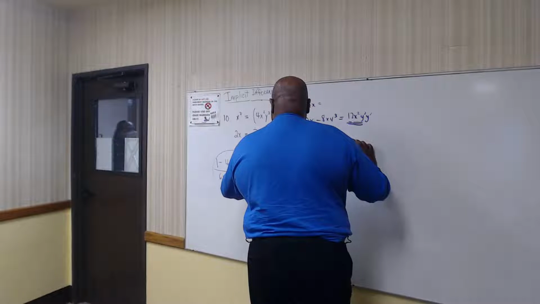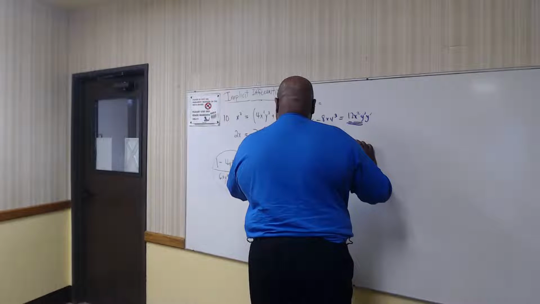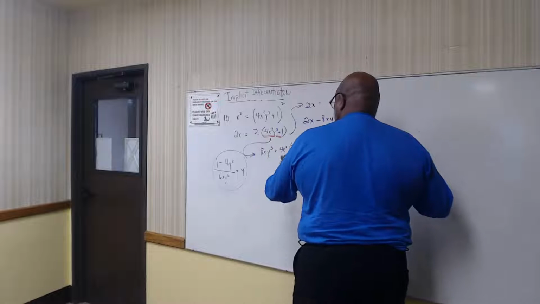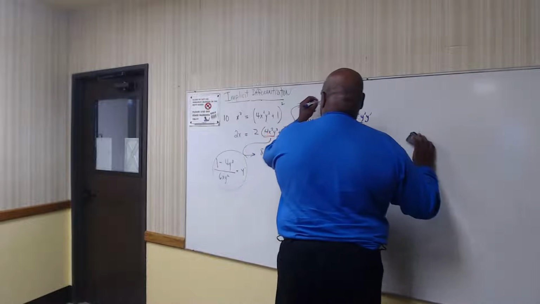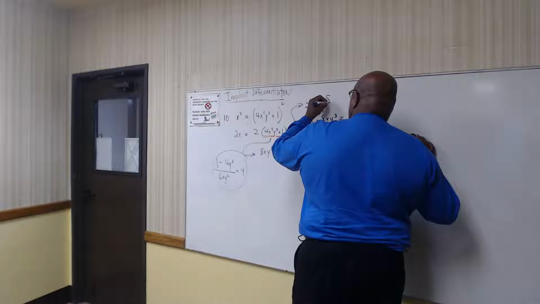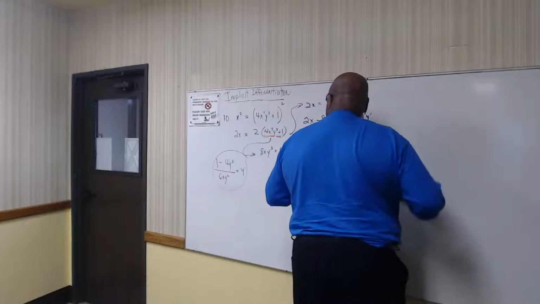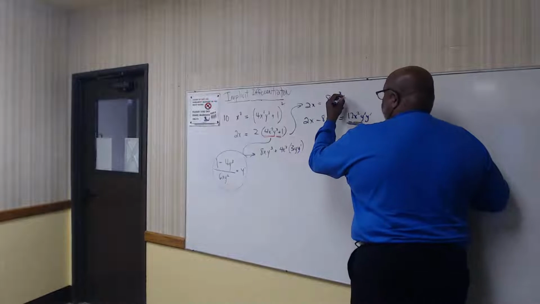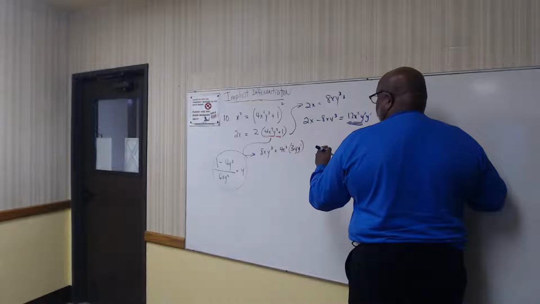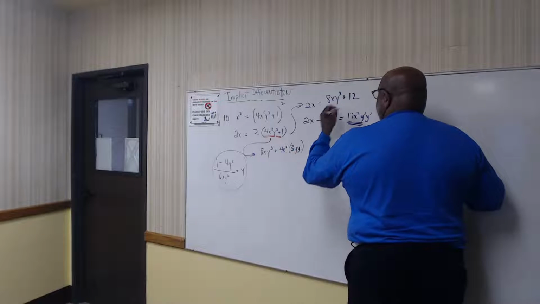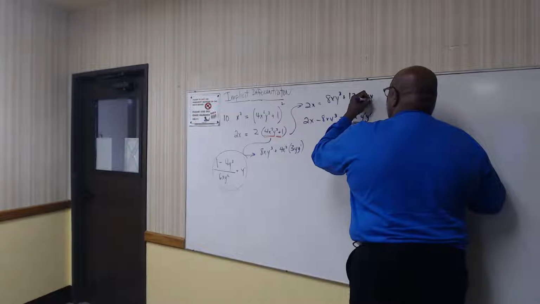It's derivative of the first times the second plus the first times the derivative of the second, which is 3y y prime here, right? Then rewriting this, we get 2x equals 8xy cubed plus 8xy cubed plus 12x squared y prime.